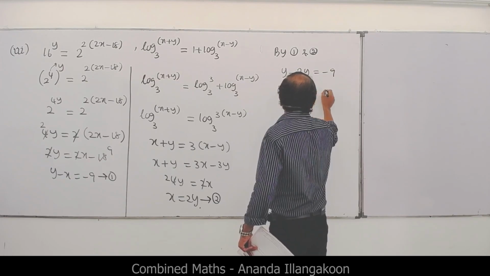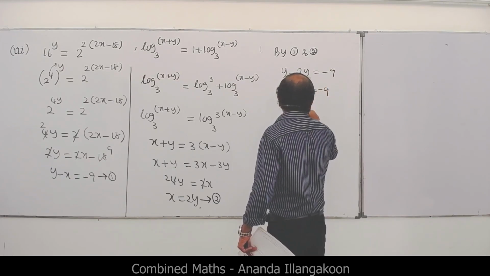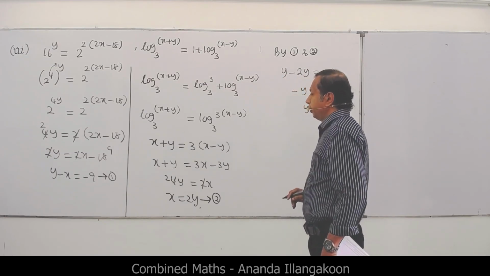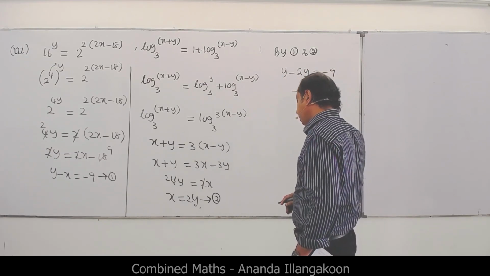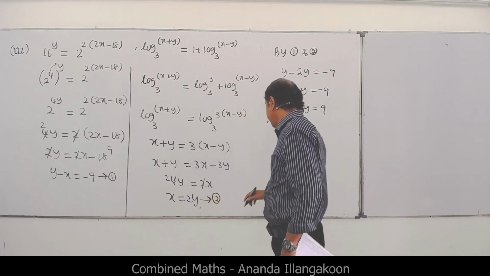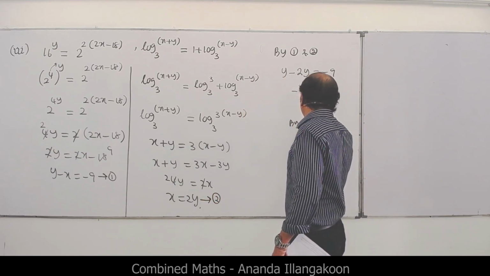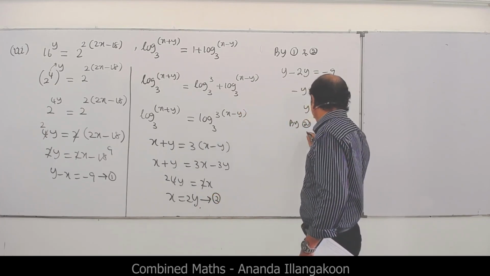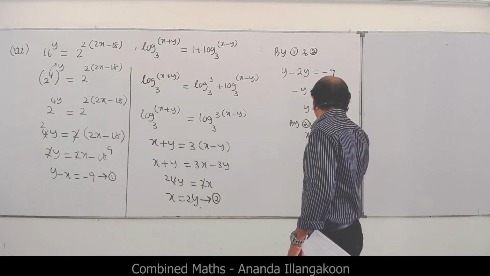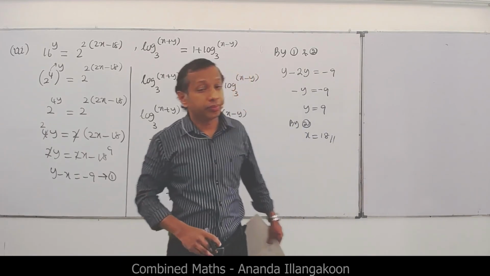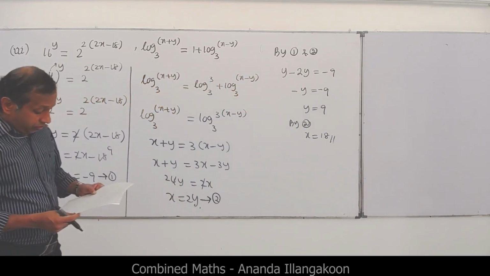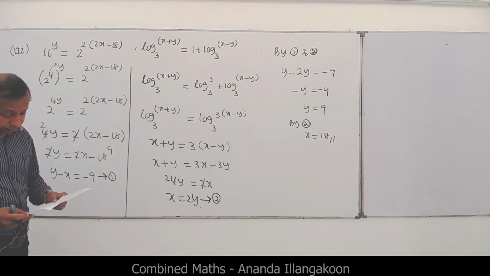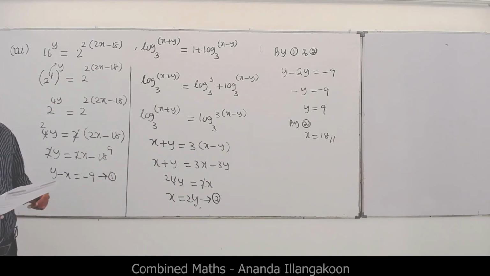Minus y equals minus 9. y equals 9. If y equals 9, x is 18. By 2, put 9 here: 18. x equals 18. Right? That's how we get that answer. Okay.